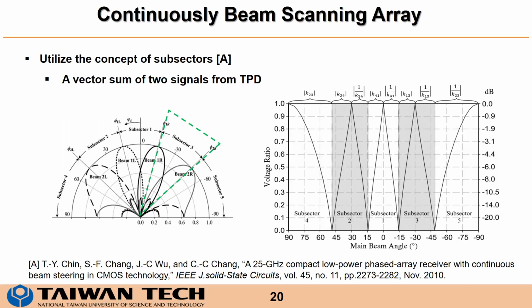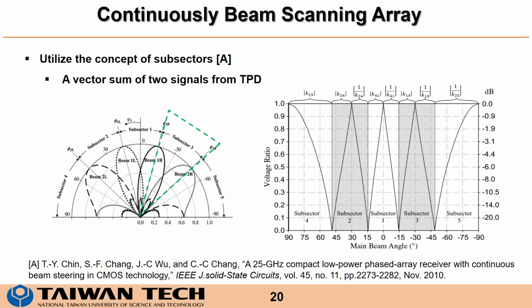So with this concept of subsets, we can steer the beam direction of the array antenna into five subsection regions, which means that with the excitation of two couples of input ports of the parametric, we get a subsection where the beam direction is still within this.